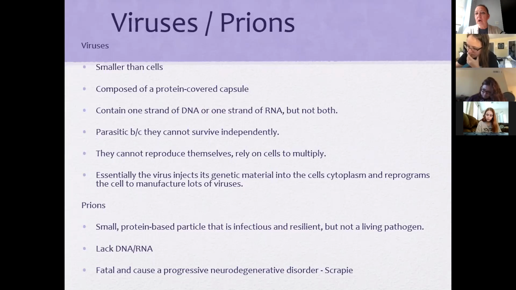Now, they can't live on their own, right? If you think about what is the virus we're all dealing with right now? Stupid COVID. And so COVID in the environment does not live very long, okay? In the air, it will only travel 6 feet. On surfaces, depending on the surface, it may live seconds to minutes.